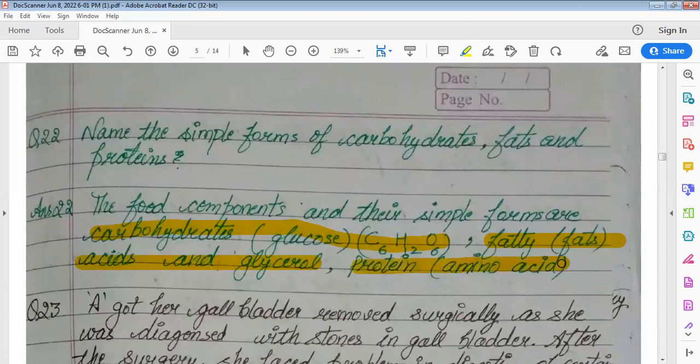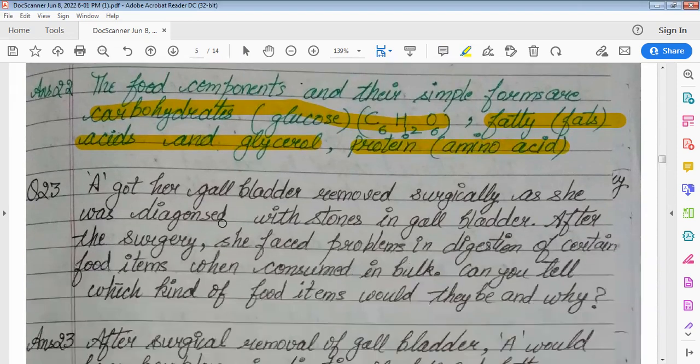changes into amino acid. A got her gallbladder removed surgically as she was diagnosed with a stone in the gallbladder. After the surgery, she faced problems in digestion of certain food items when consumed in bulk.